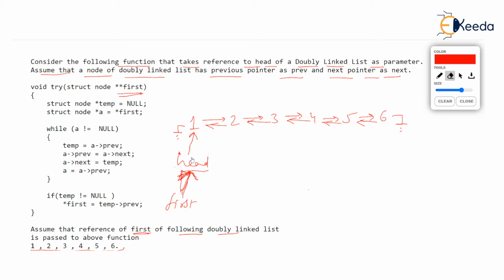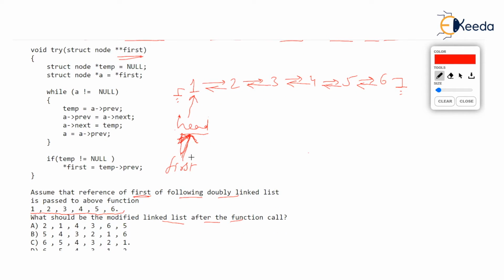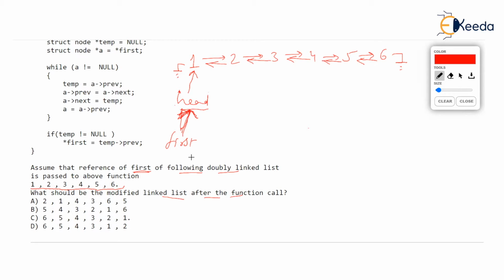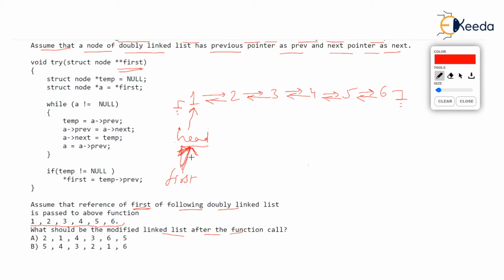Now let's see what the function does. The question is, what should be the modified linked list after the function call? So 1, 2, 3, 4, 5, 6 will become what? That can be seen only after executing this. Let's see in the function. We declare a temp pointer which can point to any node, and we initialize that temp as null.